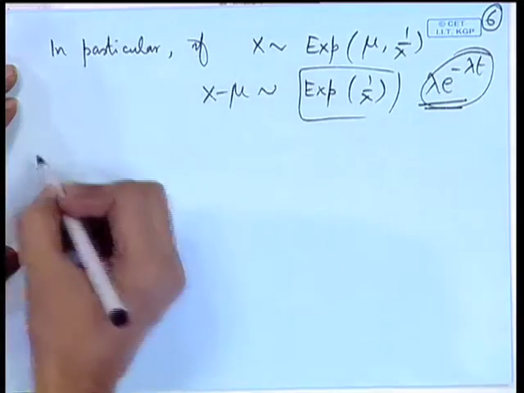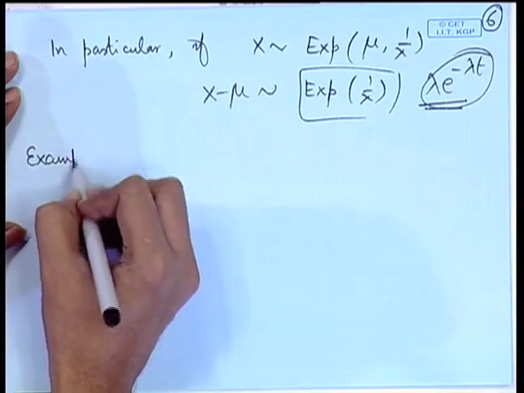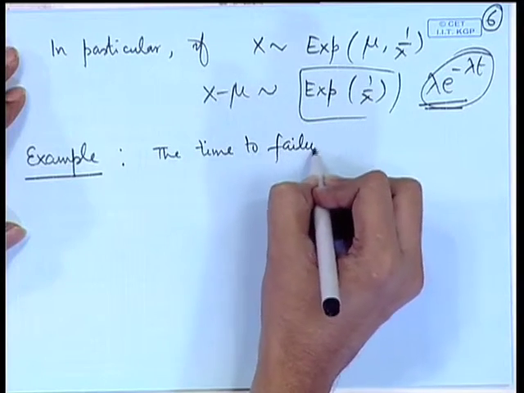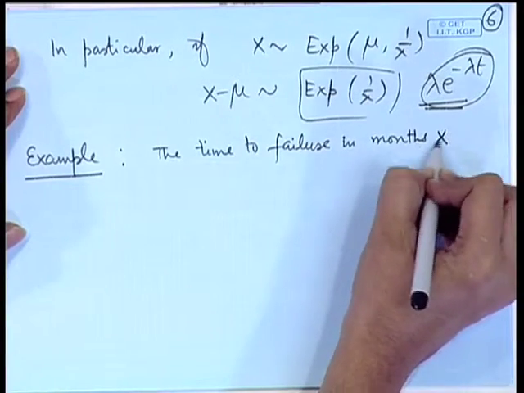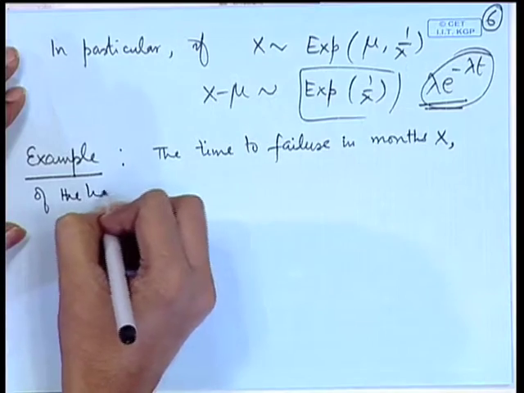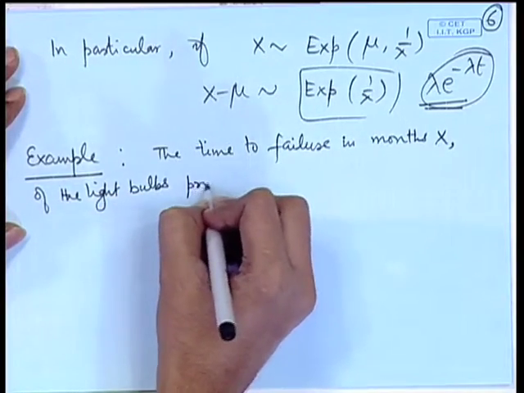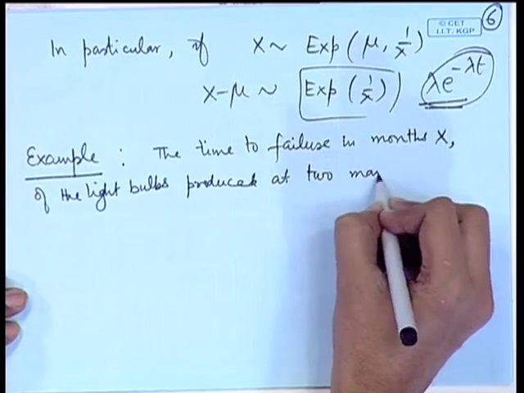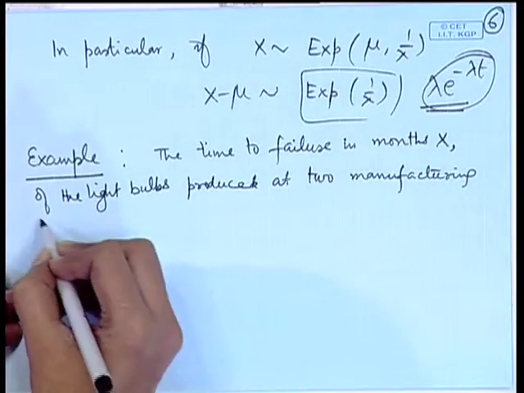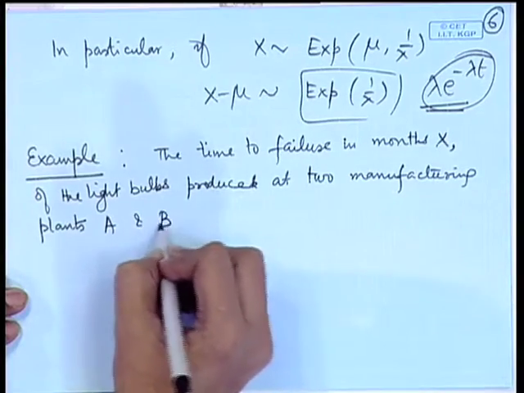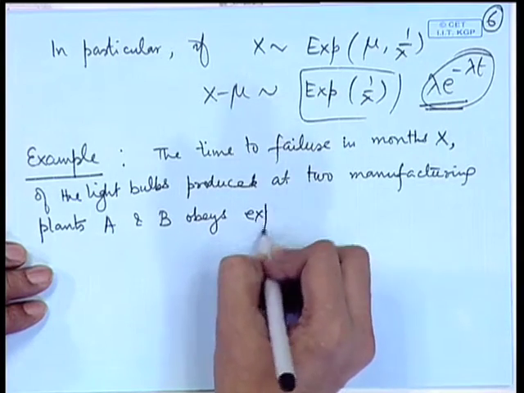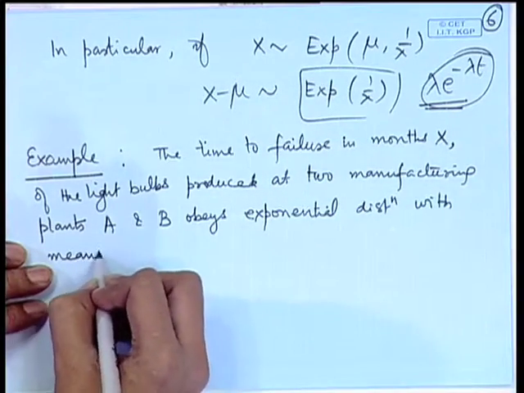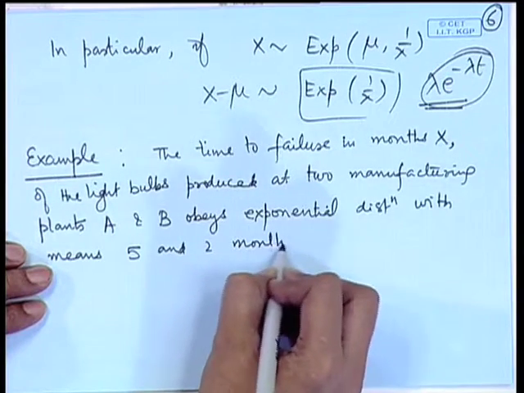Let us take one example here for exponential distribution. The time to failure in months, so suppose it is x, of the light bulbs produced at 2 manufacturing plants, say A and B, obeys exponential distribution with means 5 and 2 months respectively.